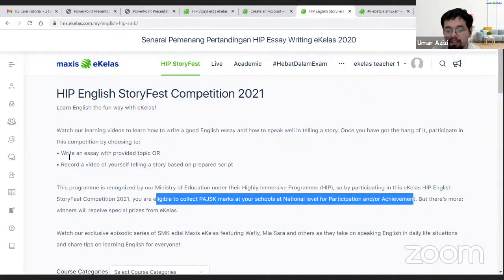One, you will get the potential to win a prize, and you're also going to get PAGSK marks at your school at national level. Because of the MCO right now, you're going to have a hard time doing that through sports or any other way. So by all means, participate in this. If you don't know what PAGSK is at Form 4, please talk to your parents about it.